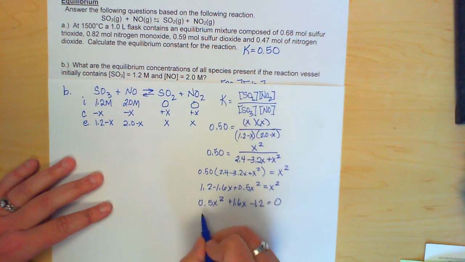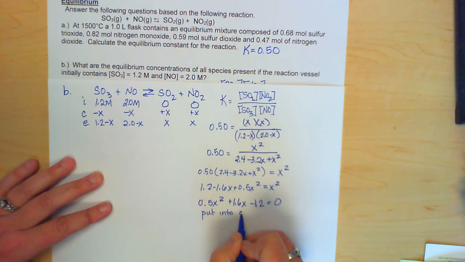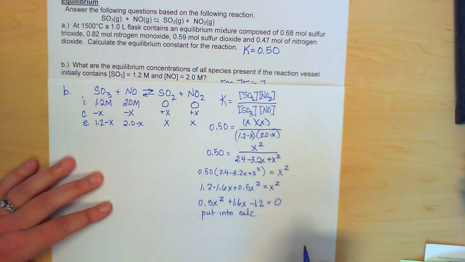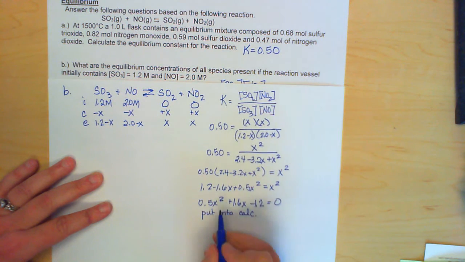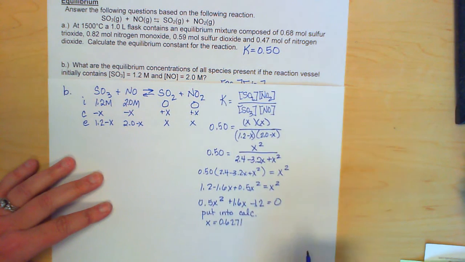Now, this is where you put it into the calculator. When you do that, you're going to get two x values, but the one you're going to choose is 0.6271 molar, which, again, because we're working the problem, means that x comes out equal to 0.63 molar.